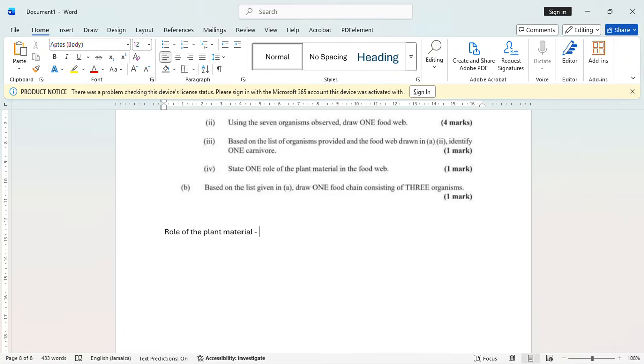So if you want to say they're a source of food, as persons were saying, they also, as I said, provide energy and nutrients to the food web.